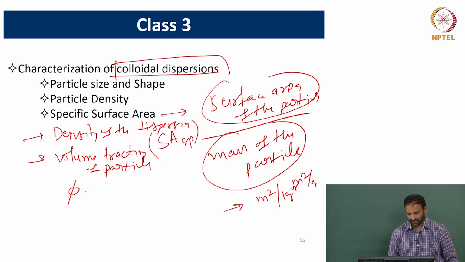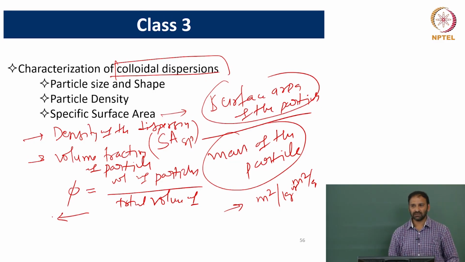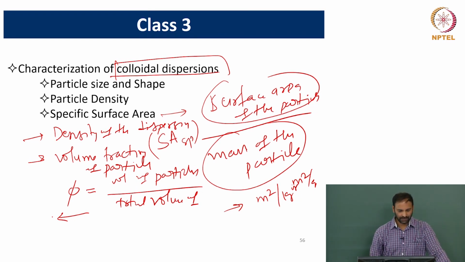Typically people refer to it as phi, and it is the volume of particles in the dispersion divided by the total volume of the dispersion. That's how it is defined. The lower this number is, the smaller the concentration of particles in your dispersion, and the higher this number is, the higher the concentration of the particles in your dispersion.